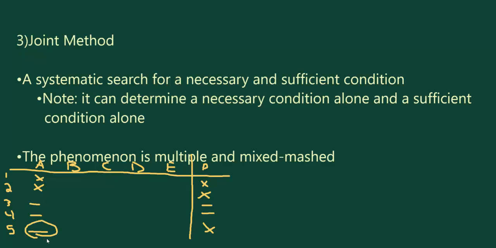We don't in this fifth case. The phenomenon occurred without this. So there's no way for it to be a necessary condition. B automatically, because we don't have it in our first case, but we have the phenomenon, can't be a necessary condition.